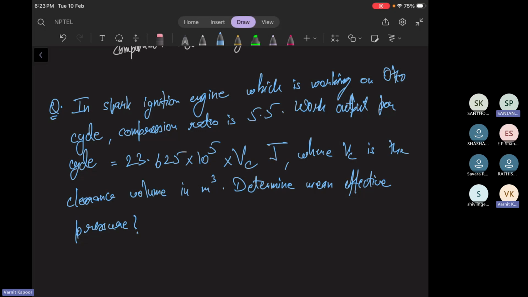Sir, 5.25 bar. Yes, correct. 5.25 bar. Others have also got it. Great, Sanjana. Anyone else has also got the 5.25 bar? Santosh, Swara, Shashank, you got the answer?